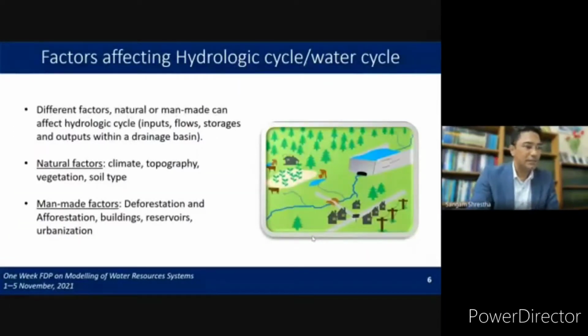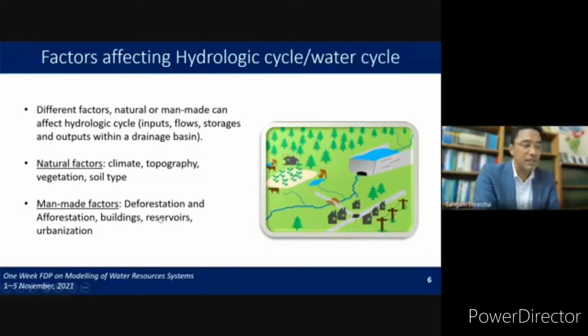Basically, there are two kinds of factors affecting the hydrological cycle: natural factors and man-made factors. The natural factors include climate, topography, vegetation, and soil type. The man-made factors which affect the hydrological cycle are deforestation and afforestation, construction of buildings, construction of reservoirs, and land use and land cover change such as urbanization.